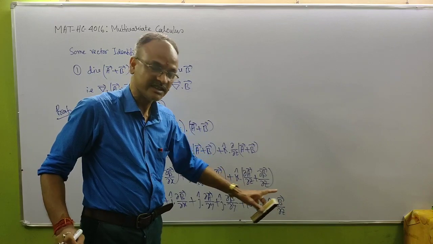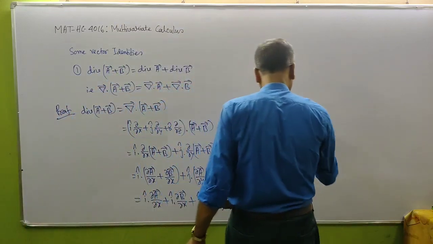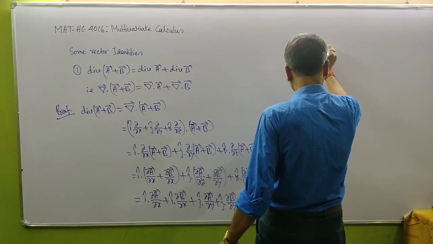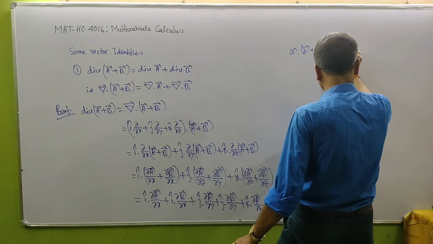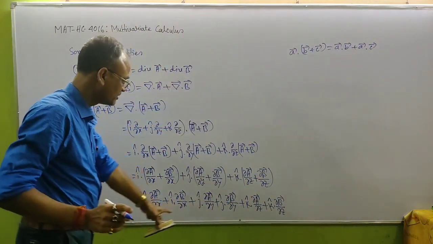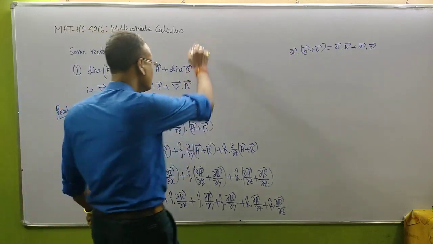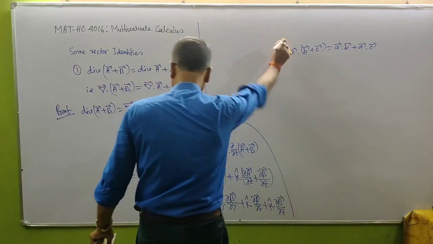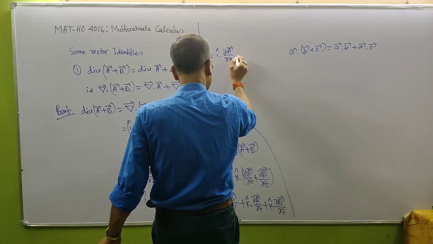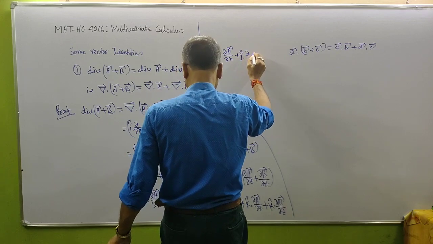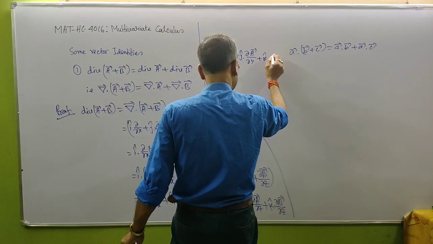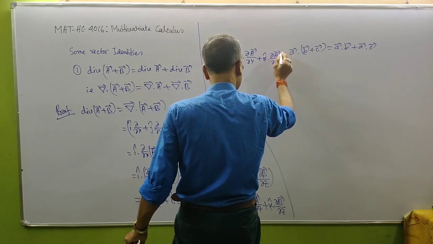Since dot product is distributive, meaning A dot (B plus C) equals A dot B plus A dot C, this has been applied here. This is equal to i cap dot ∂A/∂x plus j cap dot ∂A/∂y plus k cap dot ∂A/∂z, this one.